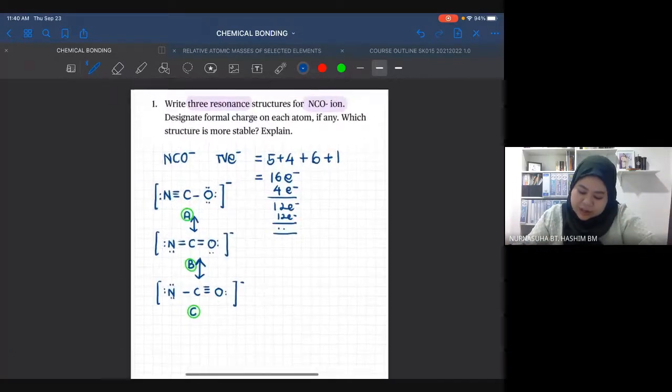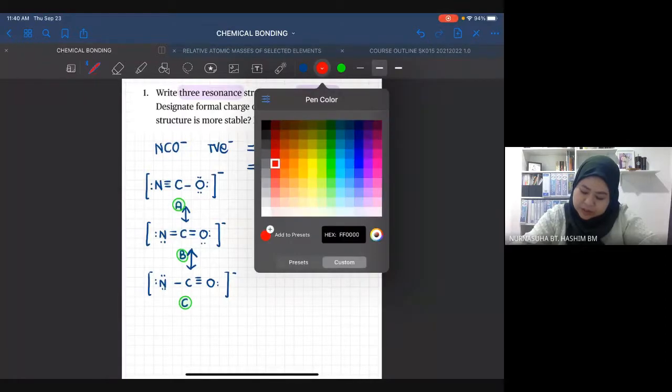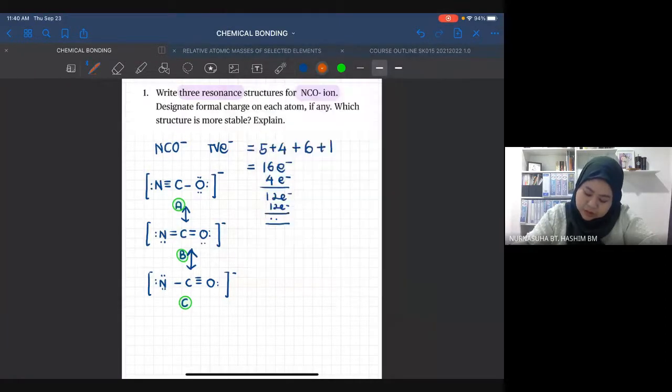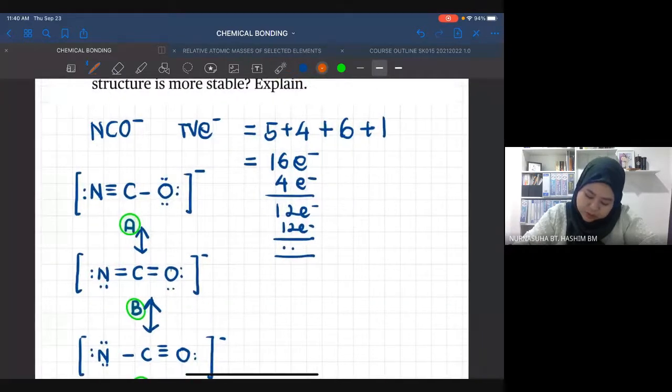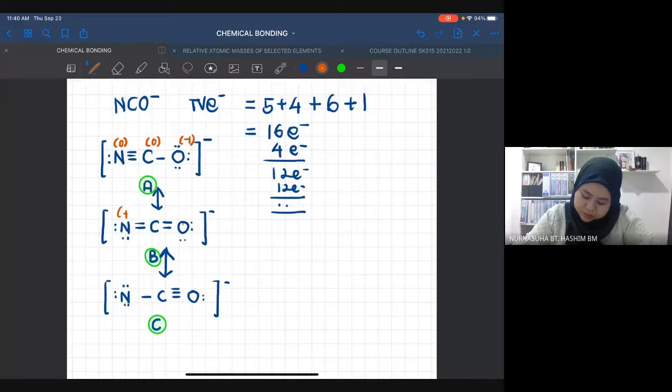Okay, so assign formal charge on each of the atom. Okay, kita kira formal charge. So for this one you should get 0, 0. This one negative 1. This one positive. Sorry. This one 0, 0. This one negative 1.